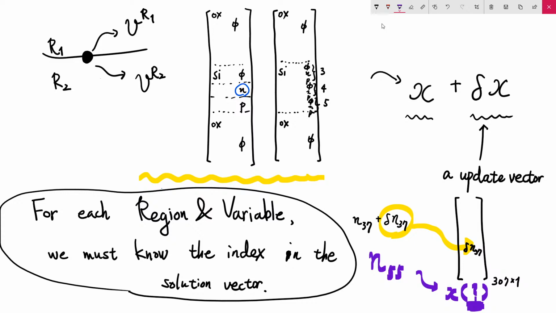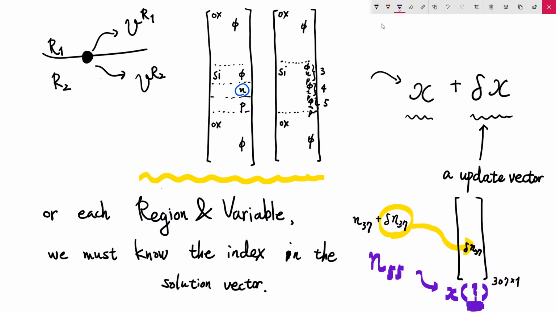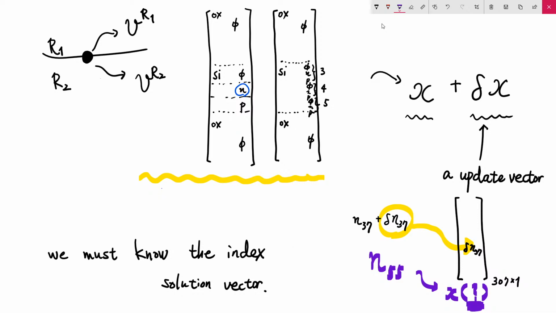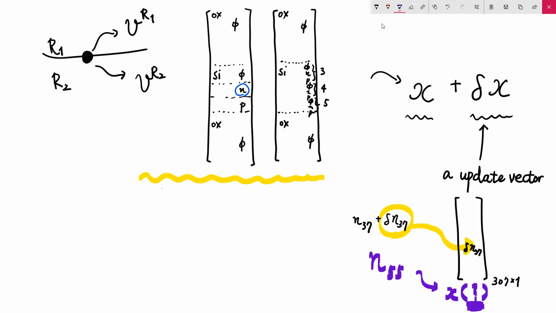So I think that we are close to the end of our lecture. In today's lecture, I wanted to give you a problem. The problem is just to reuse your previous code. Then please assign 3 dummy solution variables.